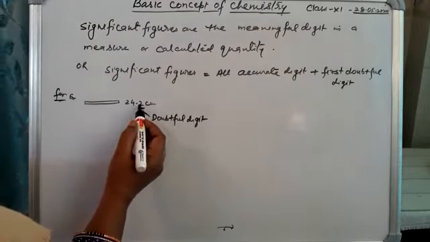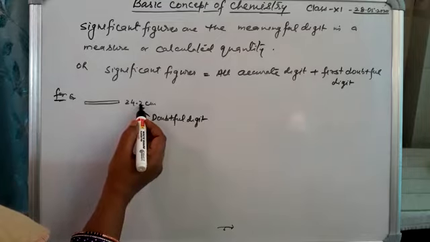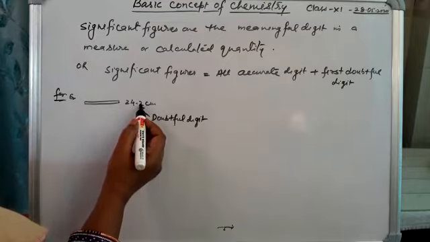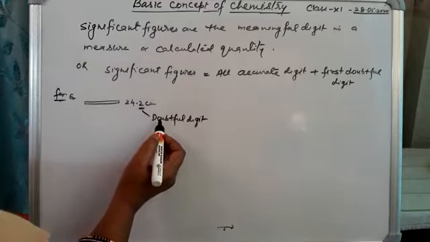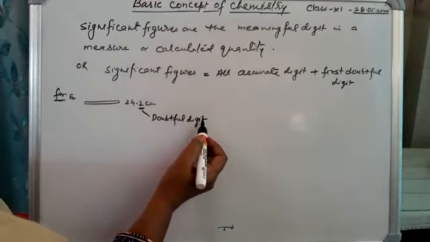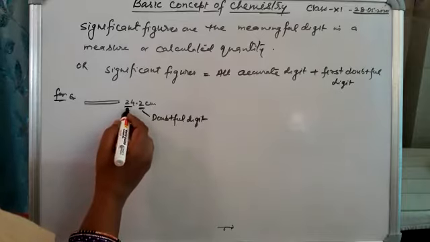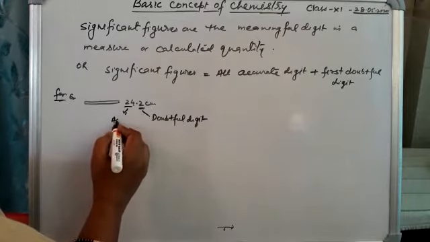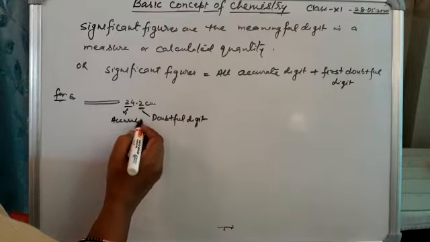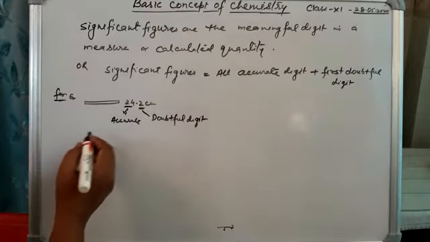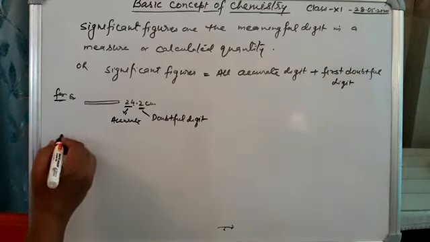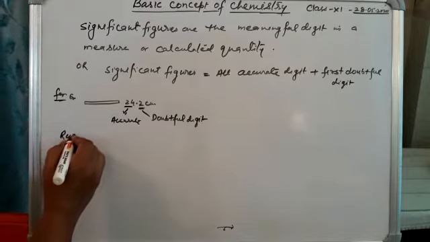So the first digit after the decimal is always known as the doubtful digit, and the earlier digits are known as accurate digits. So write down the rules with examples.